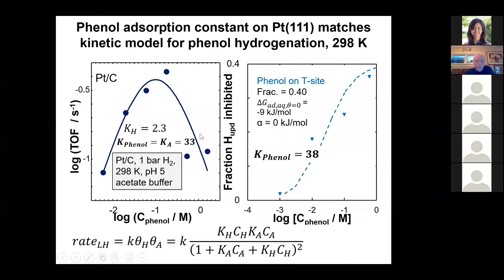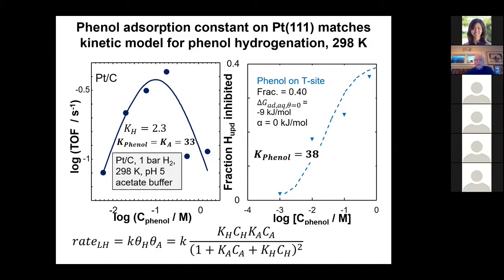And so we did that for several hydrocarbons, and it was nice because we were able to see that this kinetic fit that gave us an equilibrium constant was very close to the equilibrium constant that we measured independently, albeit only for the terrace sites. And that is consistent with the effective particle size.